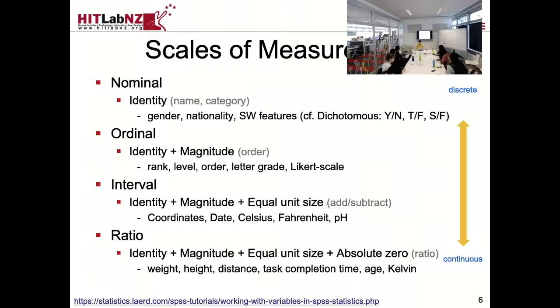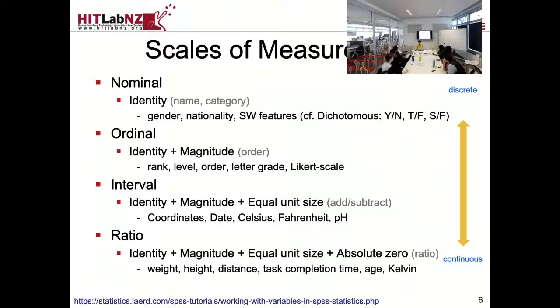And what is interval? If between each scale we can add or subtract, then it has a gap, which is an interval. So that is an interval type. And what is ratio? Ratio covers a much wider range of numbers, like real numbers or integers, whatever.